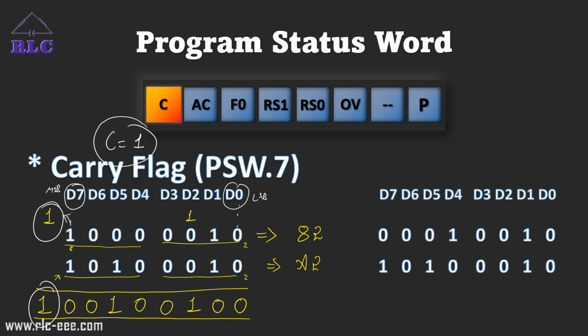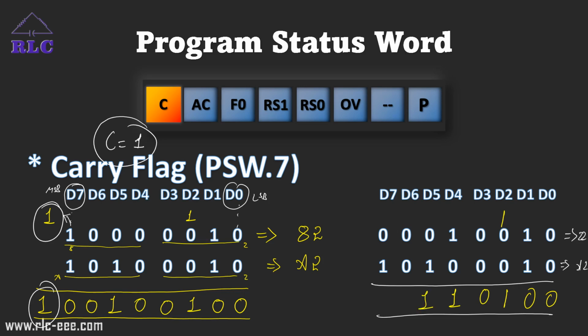Now, in this one, this number is 22 and this number is A2, same as before. When we add these two numbers, 0 plus 0 is 0, 1 plus 1 is 0 with a carry of 1, then 1 plus 0 plus 0 is 1, then 0, then 1 plus 0 is 1, 0 plus 1 is 1, 0 plus 0 is 0, 0 plus 1 is 1.